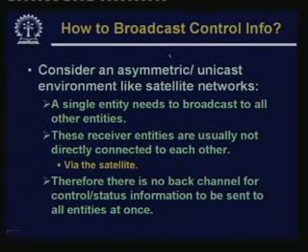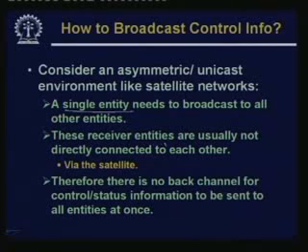Now, the issue is how do we broadcast this control information? Consider an asymmetric unicast environment like the satellite network. In a satellite network, suppose a single entity needs to broadcast to all other entities.